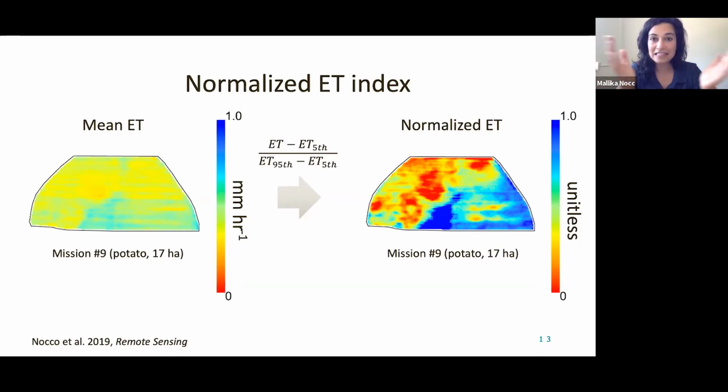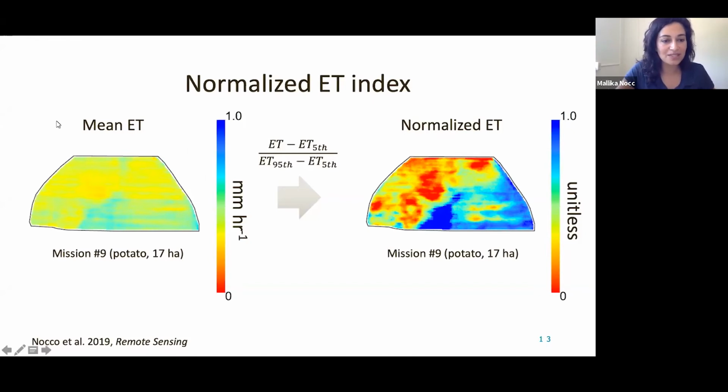And we think of latent heat flux, that component of the energy budget, as almost synonymous with evapotranspiration. The water component is converted to an energy component of the energy budget. So if you can estimate latent heat flux, you can estimate evapotranspiration. And if you can estimate evapotranspiration, you can estimate latent heat flux. So that's just a little bit about the model.